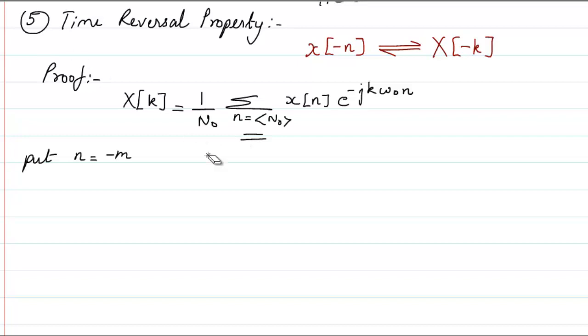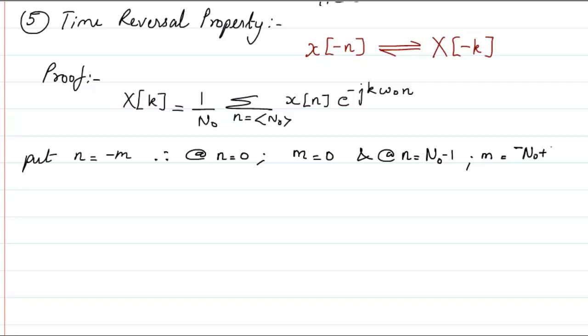Okay, so I can write that therefore at n equal to 0, the m value will be equal to 0, and at n equal to n naught minus 1, which is the upper limit, the value of m comes out to be minus of n naught plus 1.